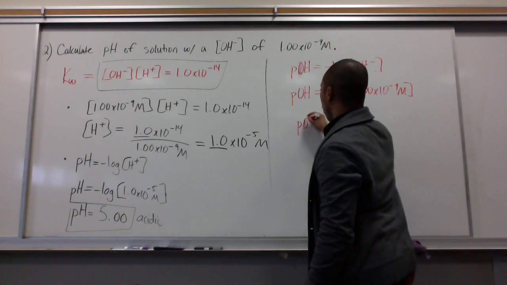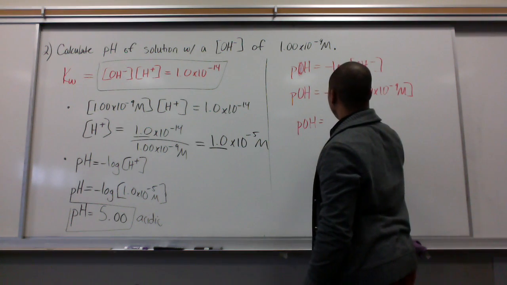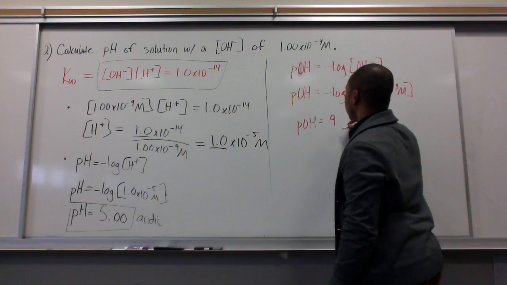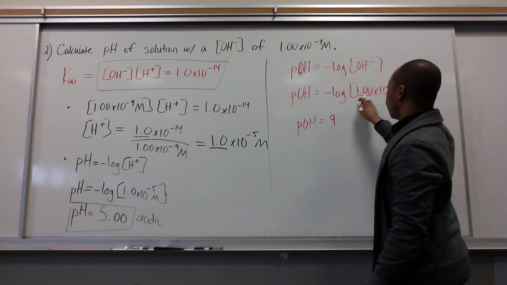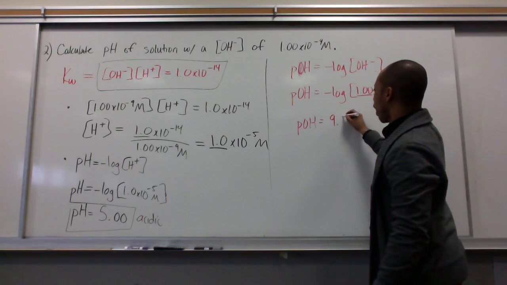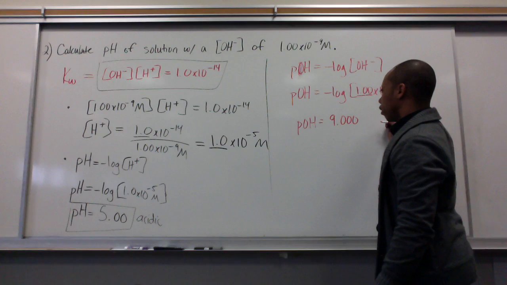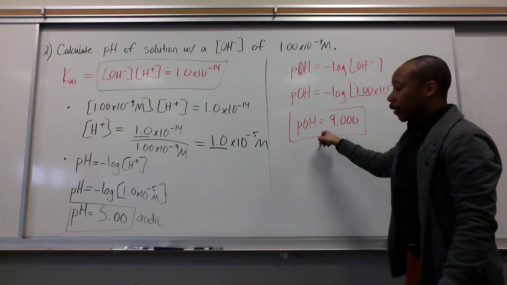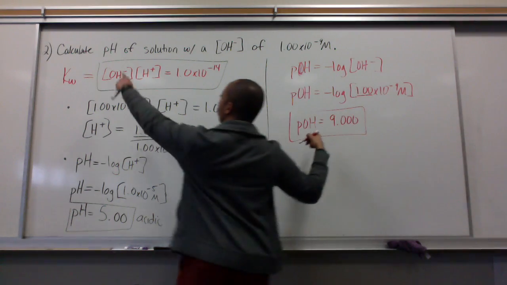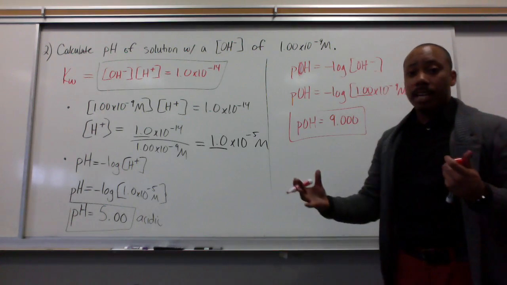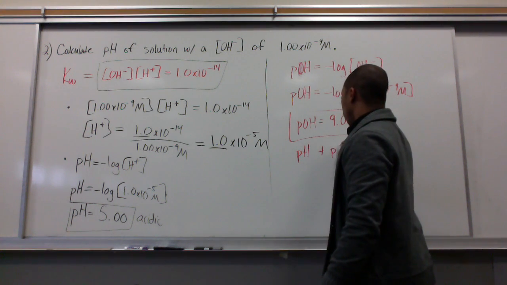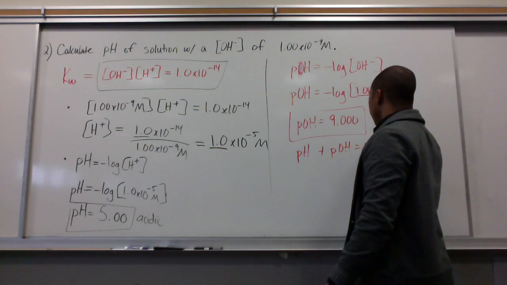I'll get a pOH equal to, if I did this out, 9. Significant figures, I have 3 significant figures, so I have 3 places after my decimal. So it's a pOH of 9. But I'm not looking for pOH, I'm looking for pH. The relationship between pH and pOH is given by my equation of pH plus pOH is equal to 14.